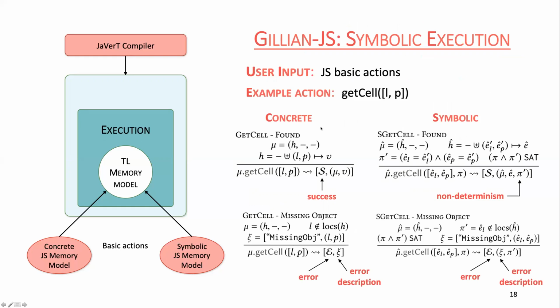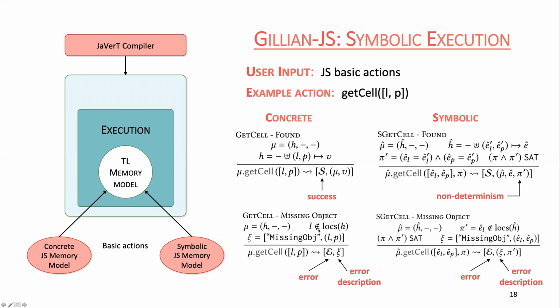In the concrete case, we're applying this function to this memory. Inside the memory is the heap. If the heap has this location and property, then we will get back the value and we will be in a success case.